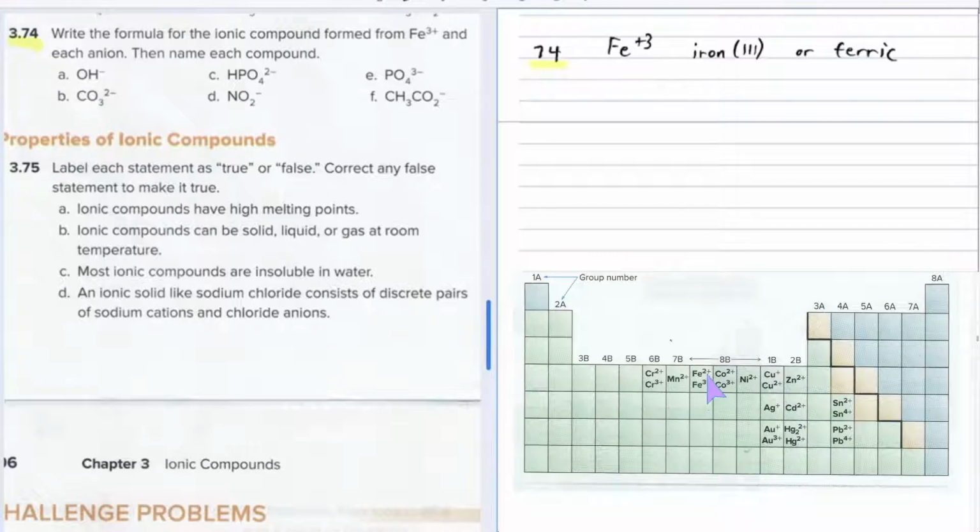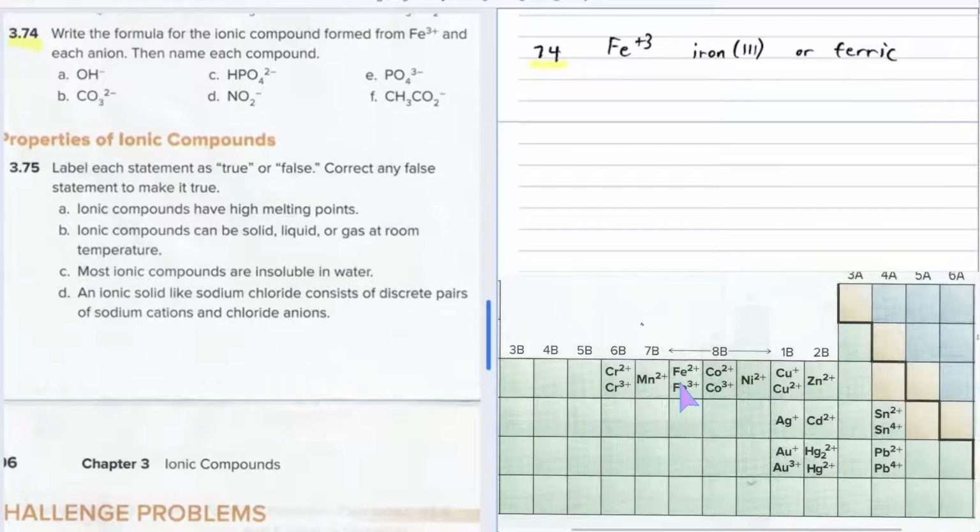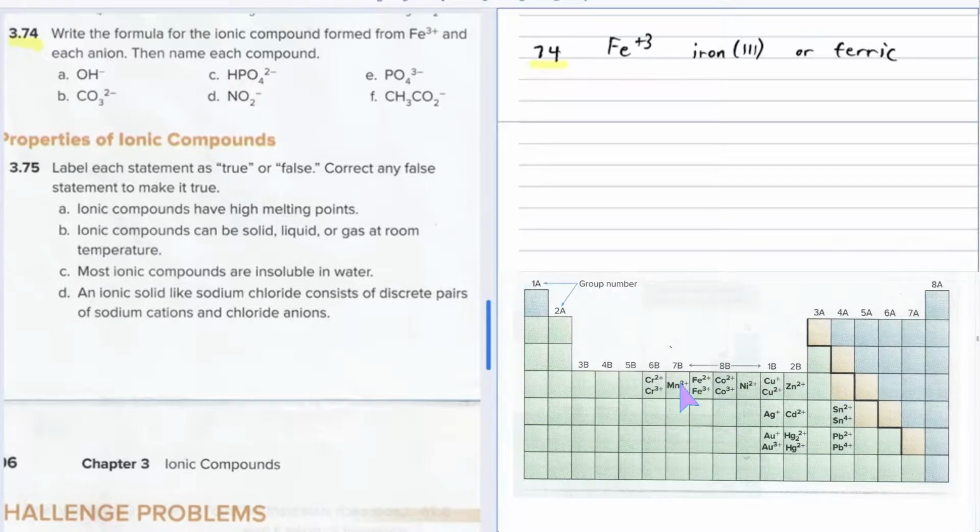And iron likes to form more than one type of charge. We're talking about the plus 3, so we could say it's iron 3, or if you use the Latin names, this is ferrous and that's ferric. We're talking about ferric.